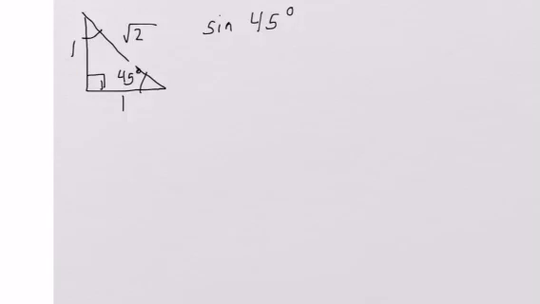So that's 1 over the square root of 2. And usually we are going to want to rationalize the denominator, so we'll multiply both the numerator and denominator by the square root of 2. And we get the square root of 2 over 2.